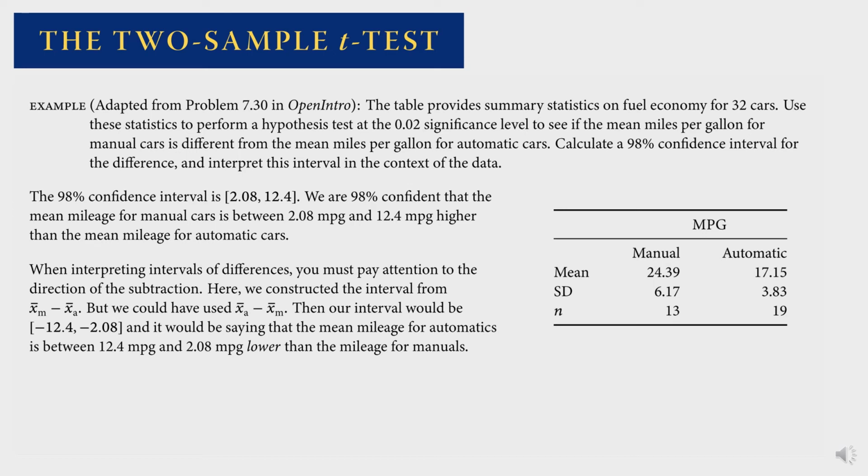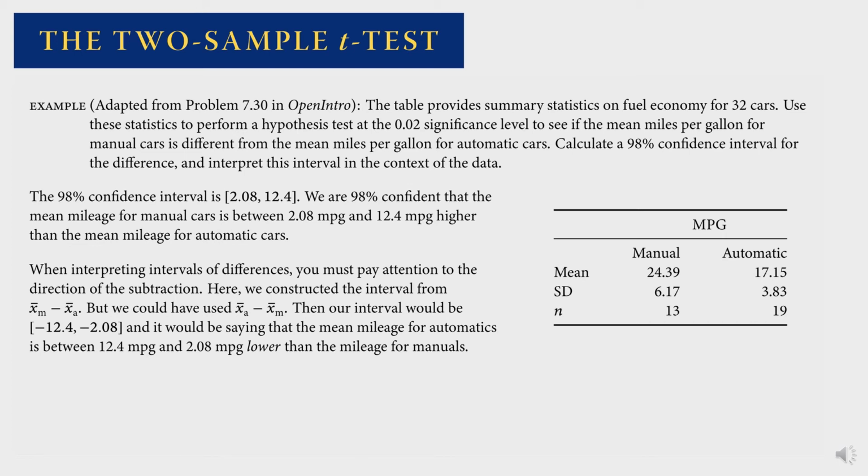And you need to pay attention to the direction of subtraction. We subtracted manual minus automatic, but we could have just as easily chosen automatic minus manual. Everything would work the same, but the bounds of the confidence interval are negative.